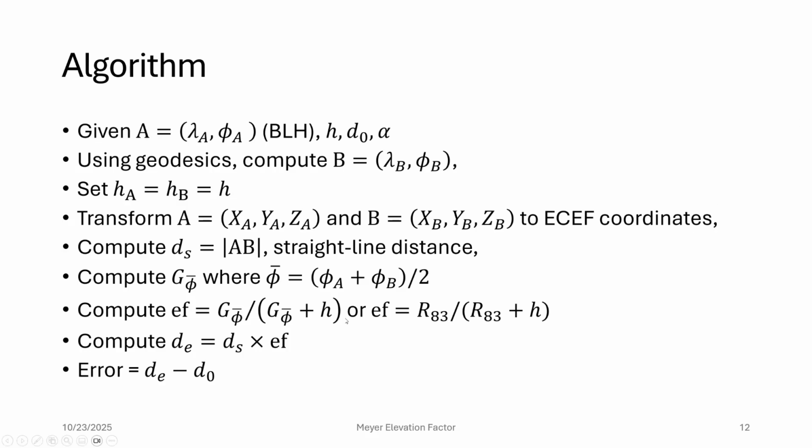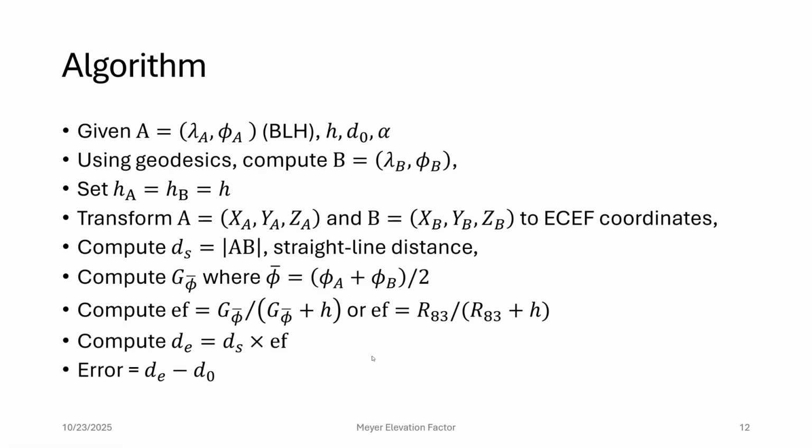Finally, the error will be d sub e minus d sub 0. Remember that the goal is to always reduce d sub e to the ellipsoid. So in every case, the reduced distance d sub e should, in an ideal world, equal 1,000 meters exactly.